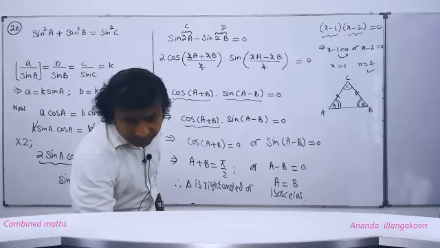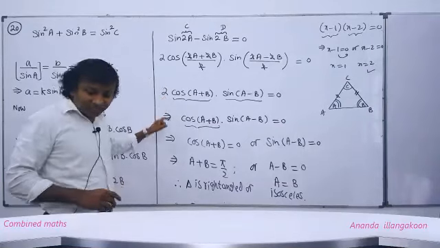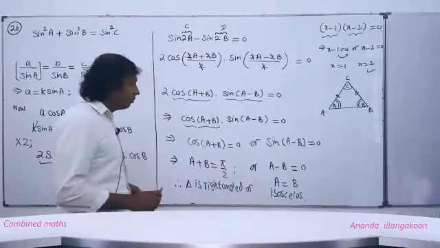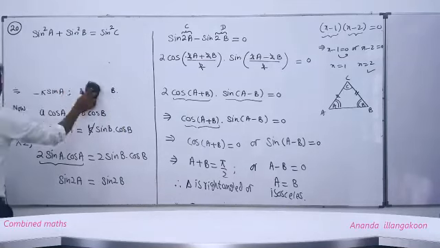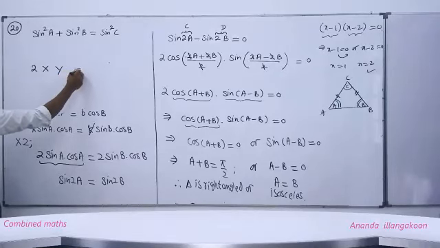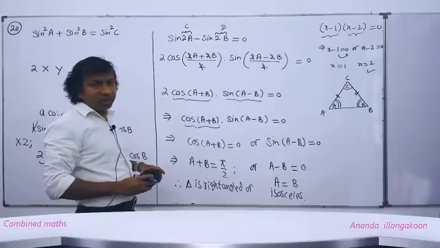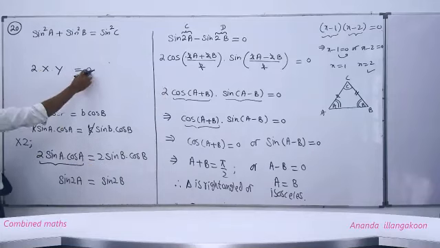What happened to the 2? The earlier question people are asking: what about this 2? Suppose here 2xy product is 0. 2 times x into y product is 0.